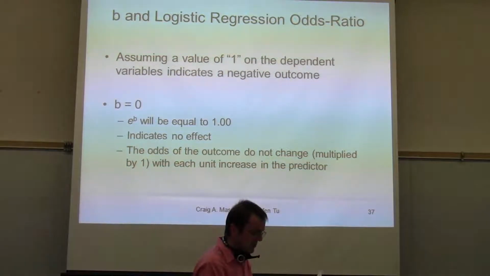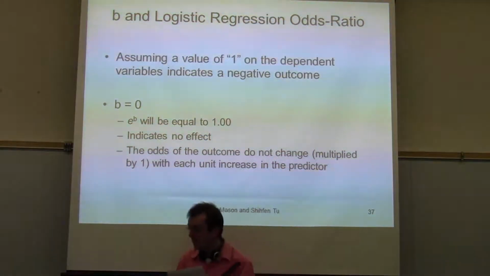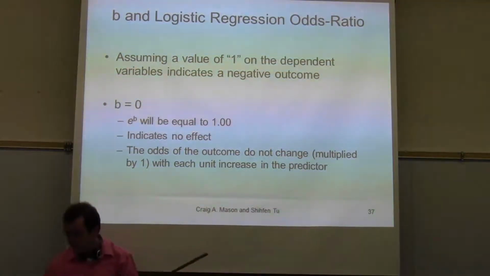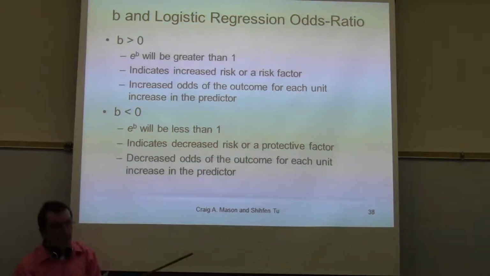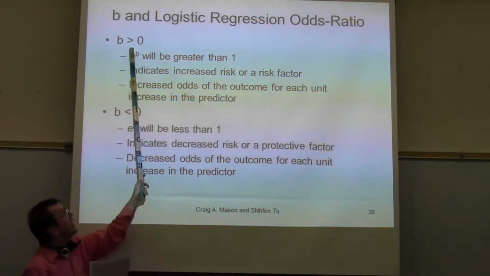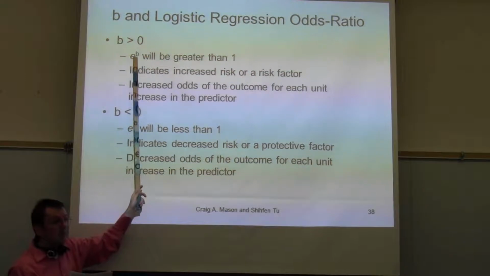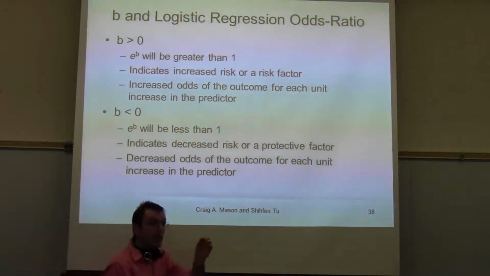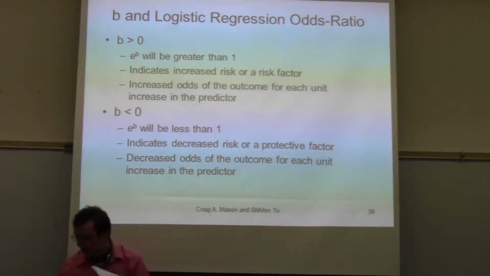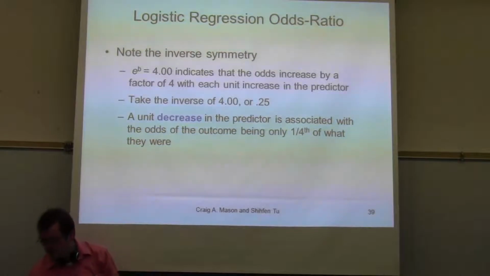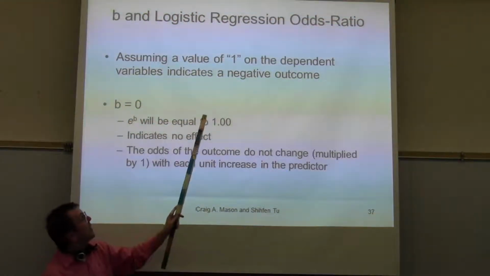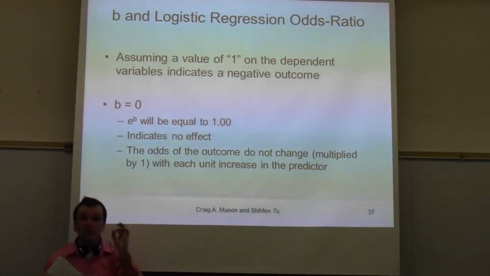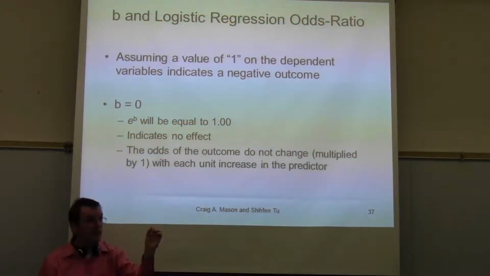I should have switched some stuff around. On the other hand, if b is greater than 0, so your regression actually, I want to take a step back. This is kind of handy too because, think before, a regression coefficient equal to 0 in multiple regression. What did that tell us?